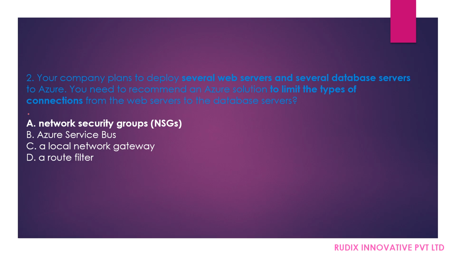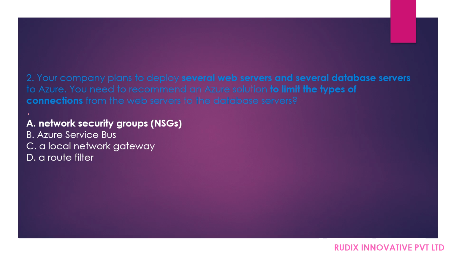Your company plans to deploy several web servers and several database servers to Azure. You need to recommend an Azure solution to limit the types of connection from the web servers to the database servers. Let us explain the question. The company wants to deploy several web servers as well as several database servers into Azure.